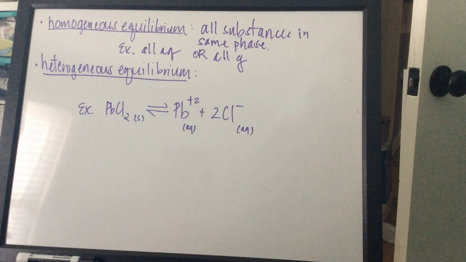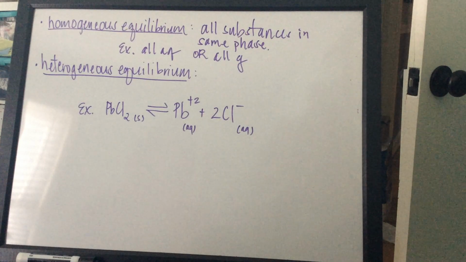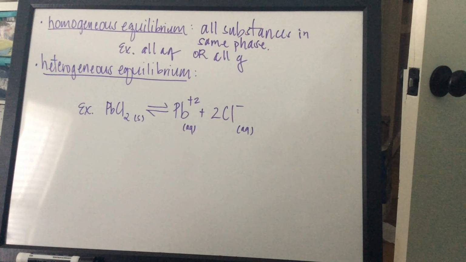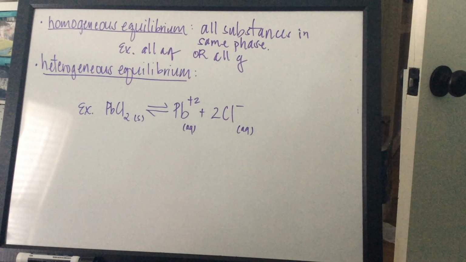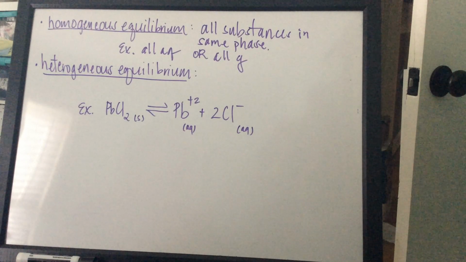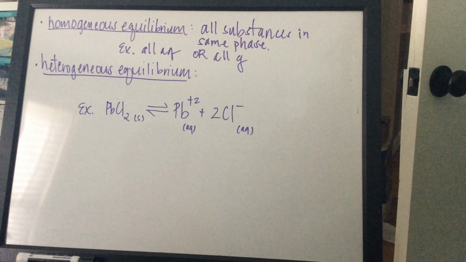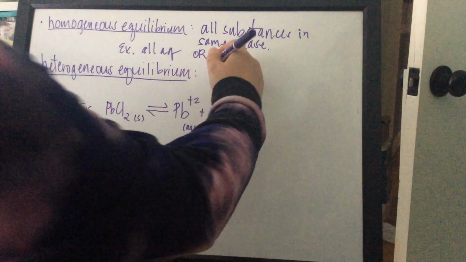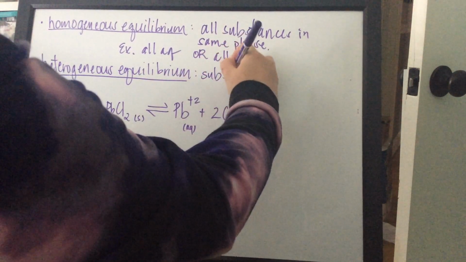And of course, if it's an all gas reaction, we know we can write a Kc or a Kp expression. So up until this point, we've been dealing only with homogeneous equilibrium, but now we know that there can be heterogeneous equilibrium, which means that substances are in different phases.